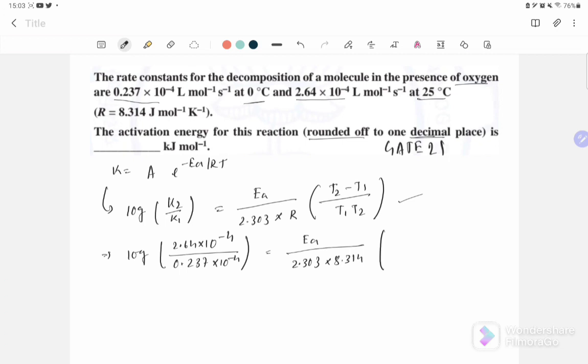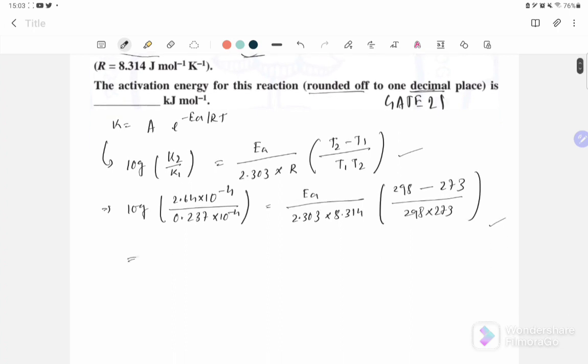T2 is for 25 degrees Celsius, so that will be 298 minus 273, because it is 0 degrees Celsius, by 298 into 273. When you calculate this, the activation energy will be 65.2 kilojoule per mole.